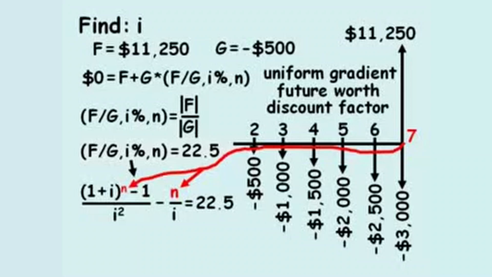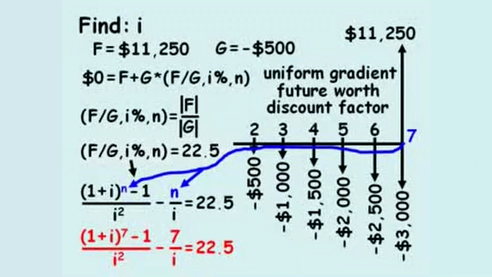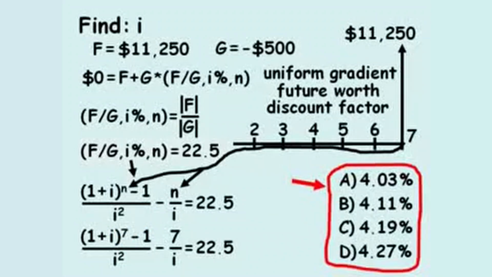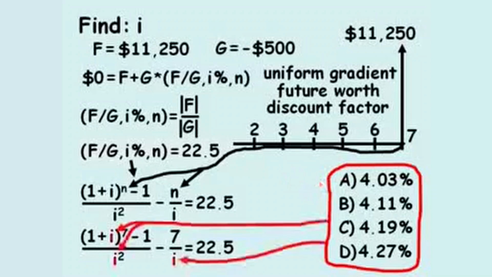Next, we're left with one equation and one unknown variable, I. This equation is not easily solved by hand, primarily due to the 7 in the exponent. Therefore, we'll look ahead at the 4 possible solutions and choose the rate I which makes the left-hand side of our equation equal to 22.5.